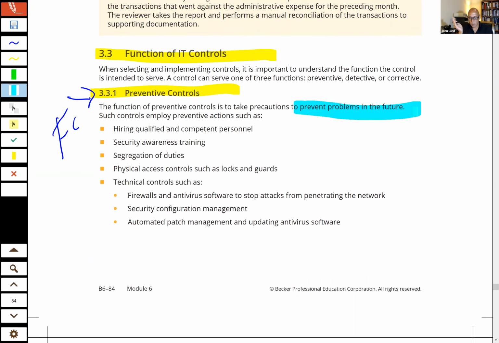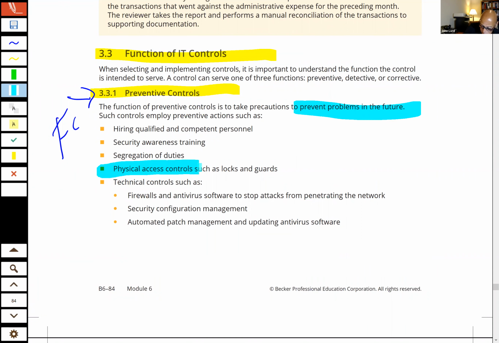Okay. For an accountant, the classic example of a preventive control is if you're dealing with a general ledger software, you put in a debit for $100, you have to put a credit in for $100, or the system will not accept that journal entry, right? Because debits have to equal credits. That's an excellent example of a preventative control, okay?